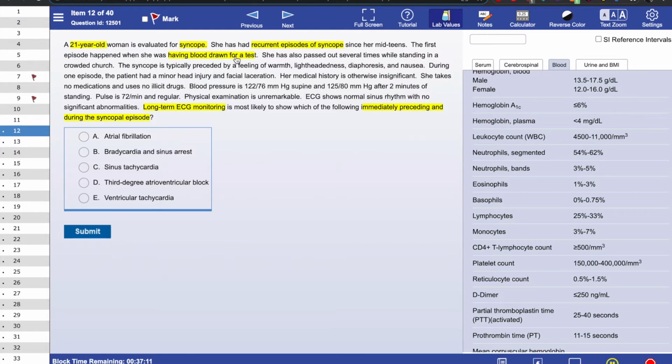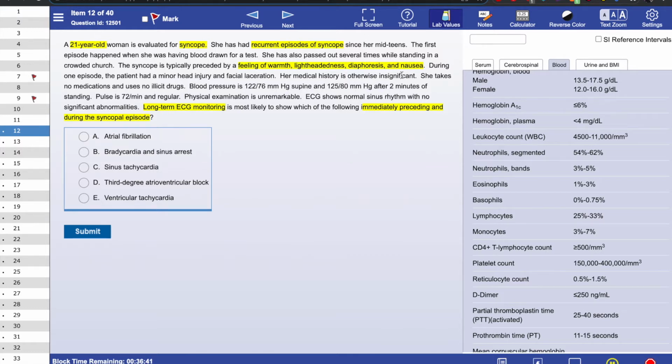The syncope is typically preceded by a feeling of warmth, lightheadedness, diaphoresis, and nausea, which is very important to know because I am thinking of differentials at this point in time. These are pre-syncope symptoms, which is leaning me more towards vasovagal syncope as a diagnosis, but let's keep on going.